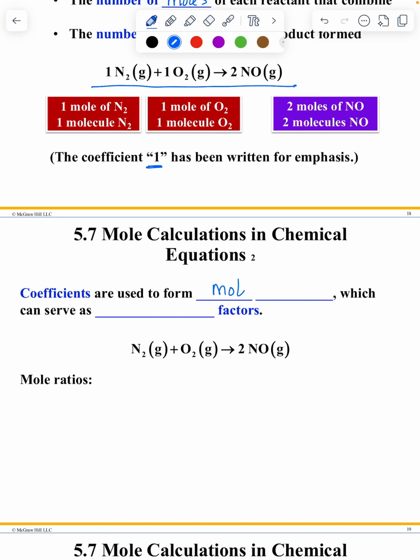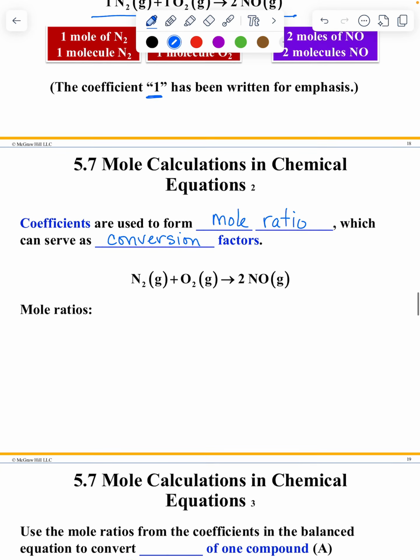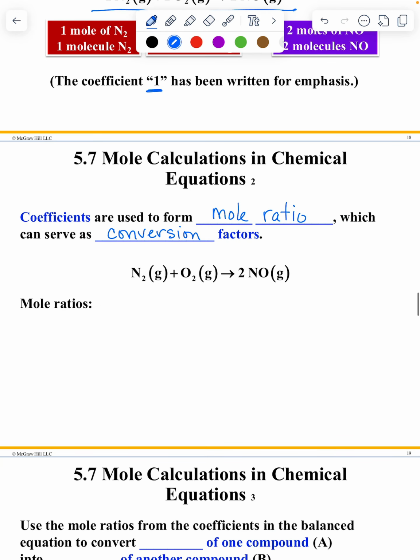All right, so when we look at this balanced equation, we can gain several conversion factors. If we wanted to relate nitrogen and oxygen gas, we would say that 1 mole of N2 over 1 mole of O2.